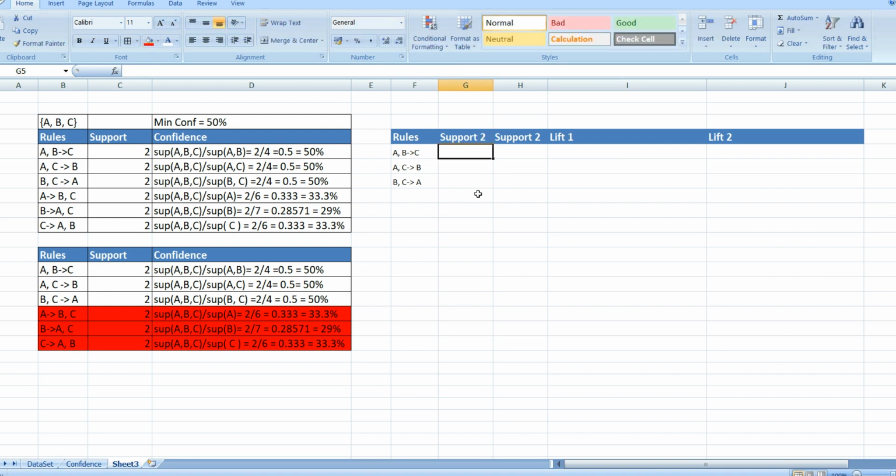The first support is just a frequency which is 2, 2, 2. Then the second support, I would want to put it in a decimal, where we have 2 divided by the number of transactions, which is n, and it gives us 0.222, that is 2 divided by 9.